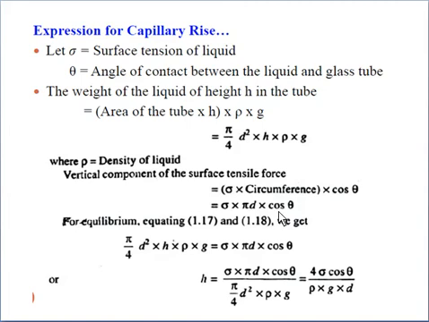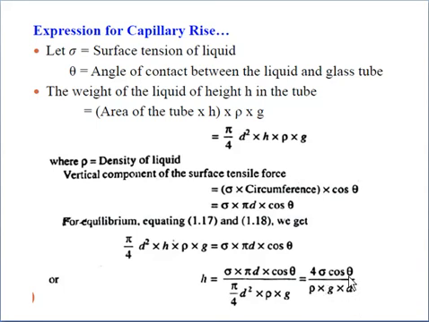Now, by comparing these two equations, pi by 4 into d square into h into rho into g is equal to sigma into pi d into cos theta. So from here we get the capillary rise height h as 4 sigma cos theta upon rho g d.